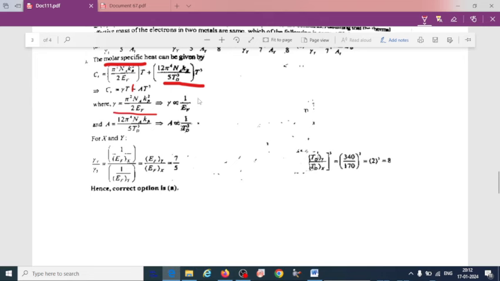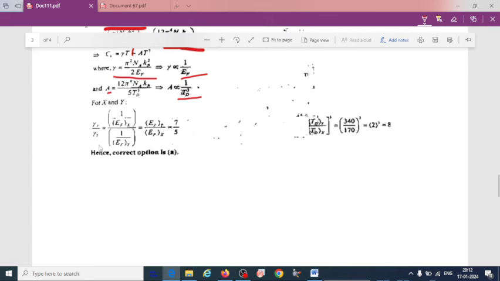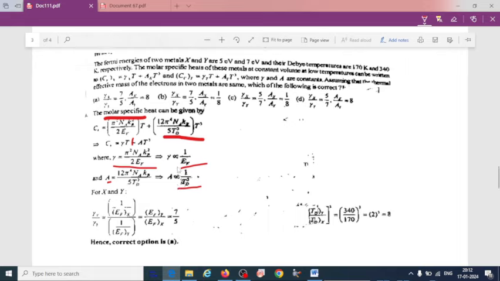It is inversely proportional to the Fermi energy. So here the term A must be inversely proportional to the Debye temperature cubed, T_D cube. If we take the ratio of gamma for metal A and B, it will be 7 divided by 5.